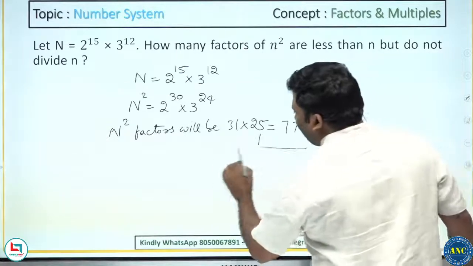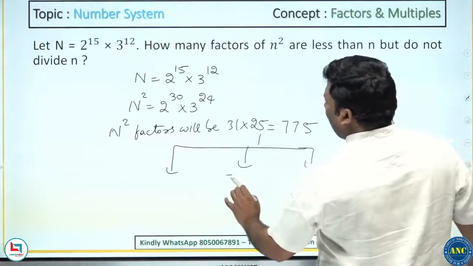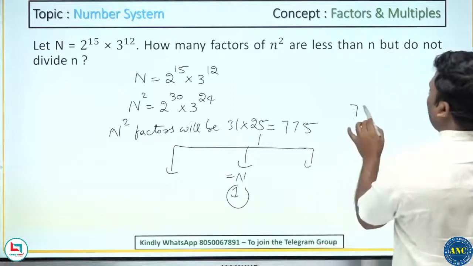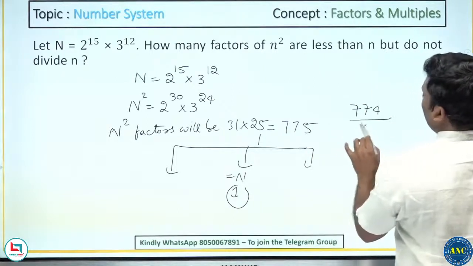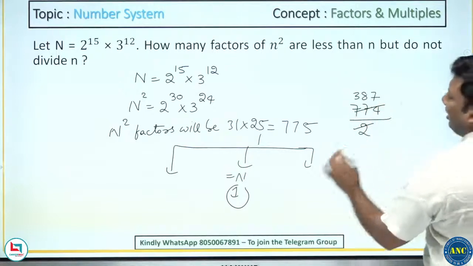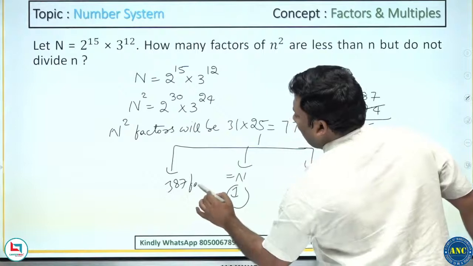In that 775, one factor will be equivalent to n. One factor. Remaining 774. 774 are split into less than n and greater than n: 387 factors are less than n.